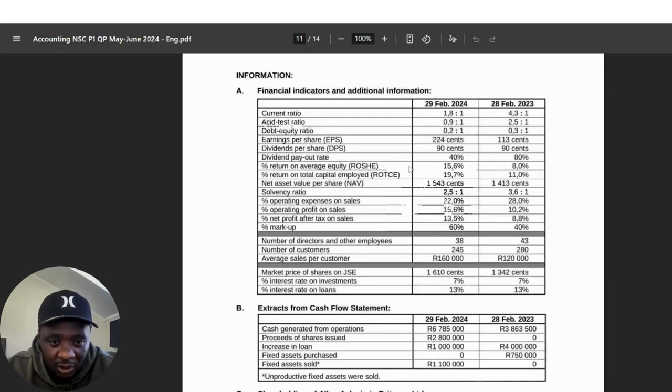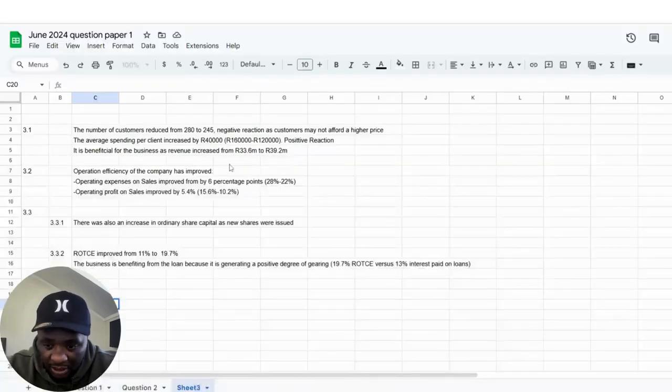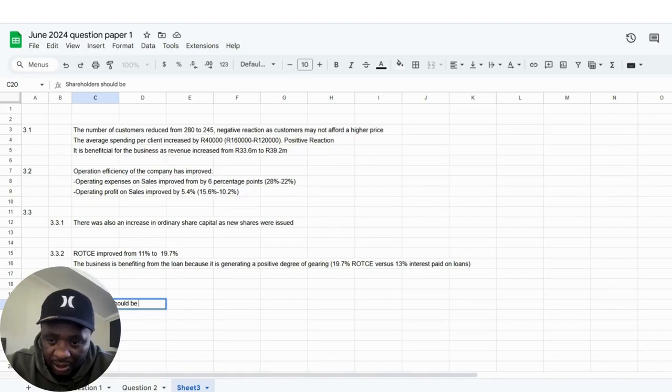So here's the return on shareholders' equity. So we can say here that shareholders should be happy because, so I'm going to say here that shareholders should be satisfied.